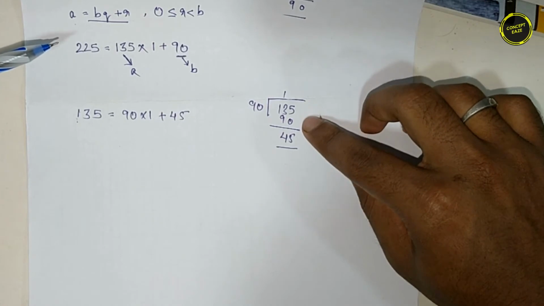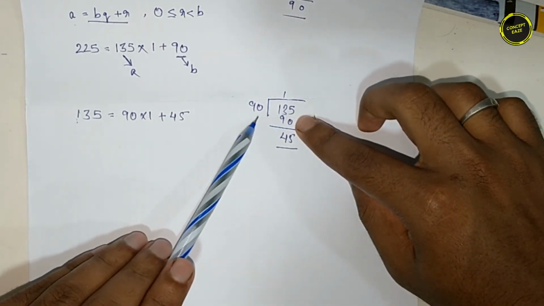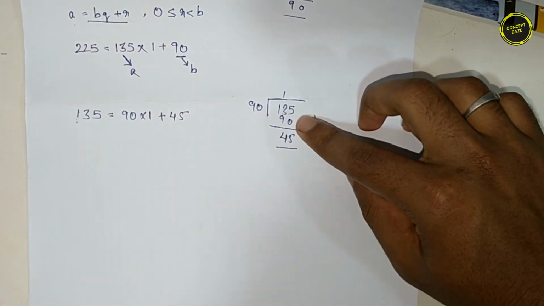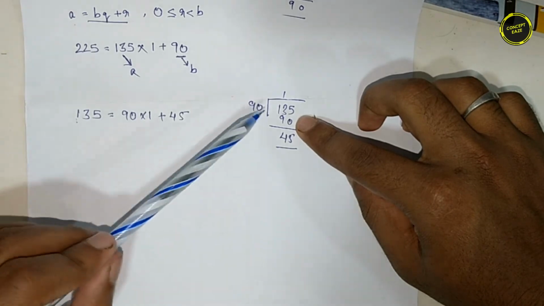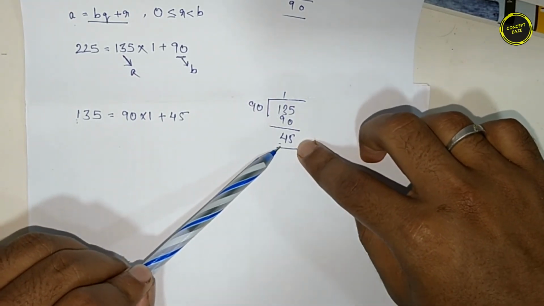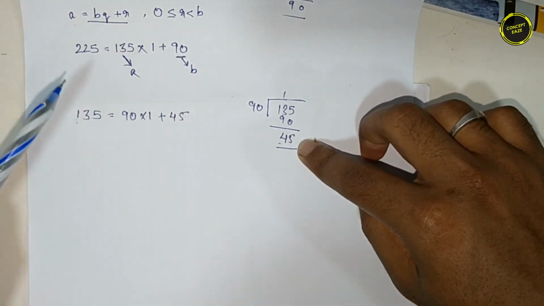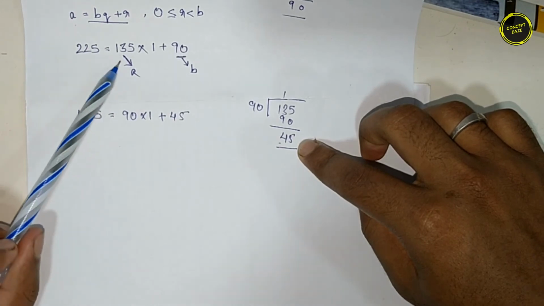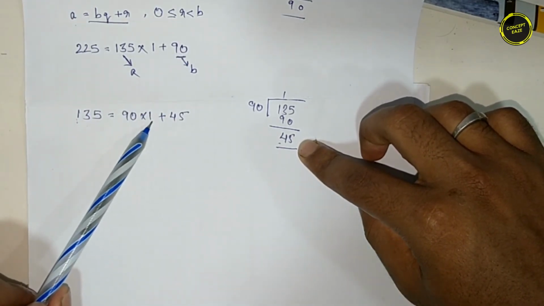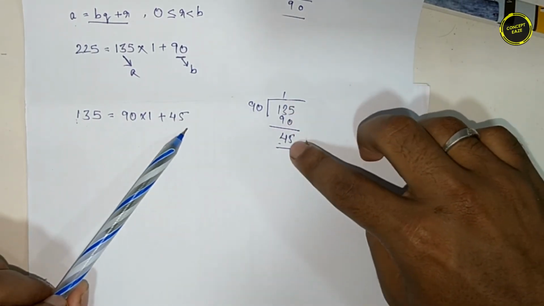We are going to do a long division with 135 as the dividend and 90 as the divisor, as we did in our last step where we had 225 as the dividend and 135 as the divisor. 90 ones are 90, the remainder here is 45. We express the same thing as Euclid's division algorithm, where a, or 135, is equal to b, that's 90, into the quotient q, which is 1 in this case, plus the remainder 45.